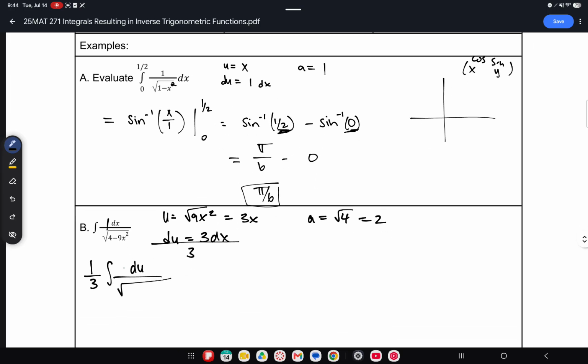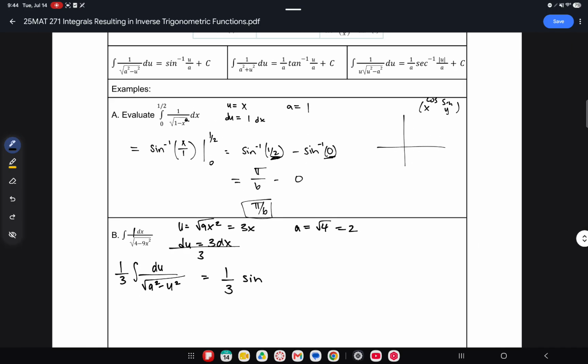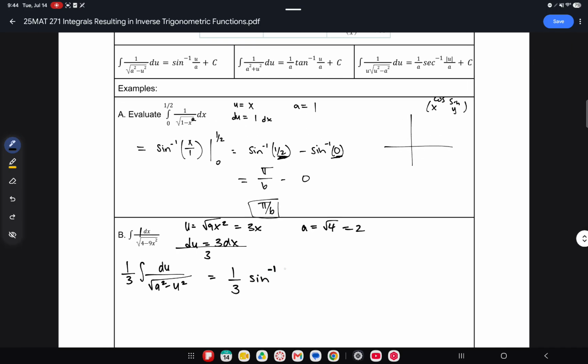So this is in the form of a squared minus u squared. Then I can go into the integral: 1/3 inverse sine of u over a. I don't have any bounds, so plus c.